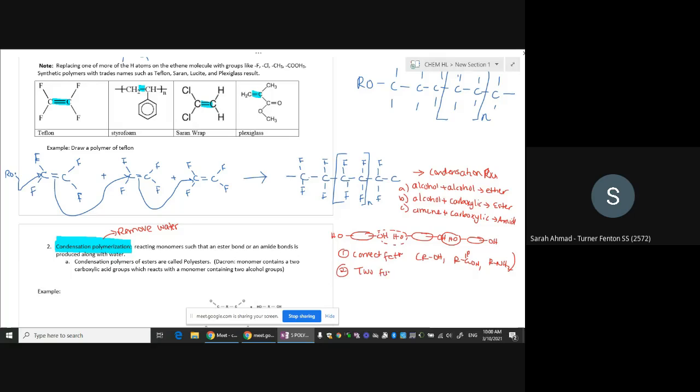So it should be difunctional, right? Two. If I don't have two on the terminal ends, I can't have that propagation property of linking one to the next, to the next. It just stops. So that is the biggest difference between addition and condensation: the presence of the functional groups changes the chemistry in how it is made.